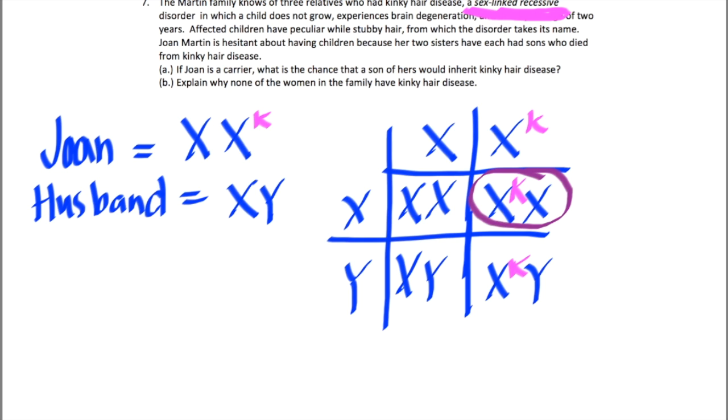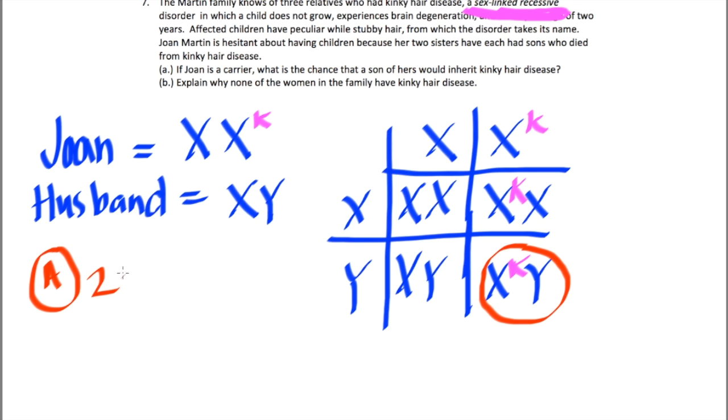All right, so let's look at what the question asks us. If Joan is a carrier, what is the chance that a son of hers would likely inherit the kinky hair disease? So it looks to me, she has a 25% chance. So to answer A here, 25% chance, right?